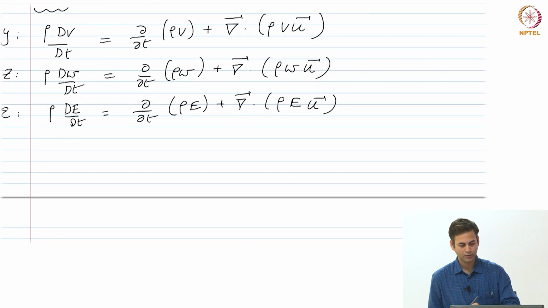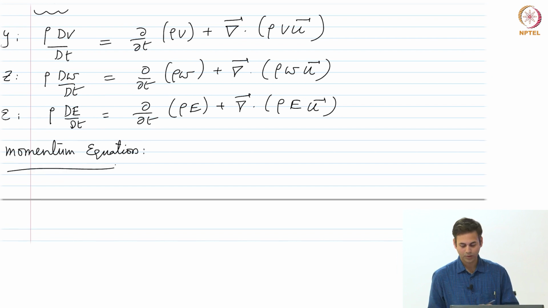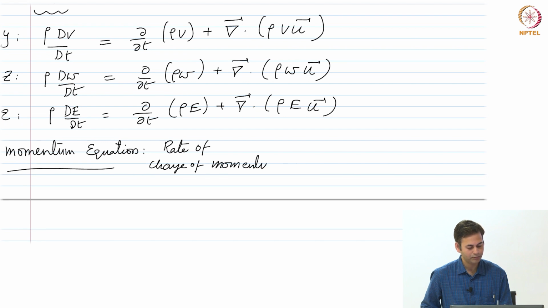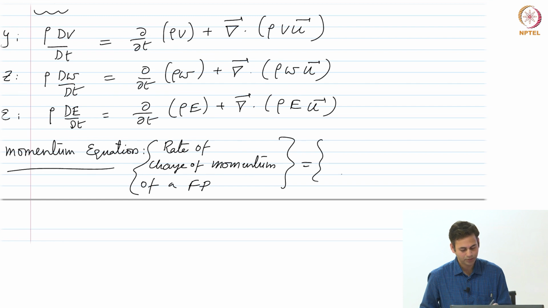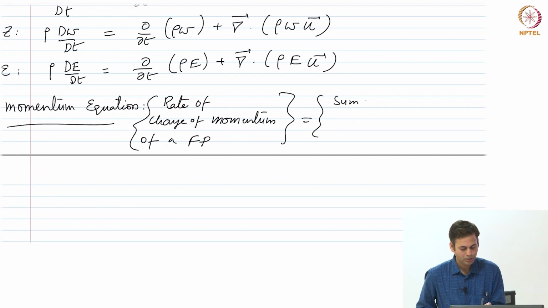Okay, so we will move on to the momentum equation. The momentum equation is, I would write it here: rate of change of momentum of a fluid particle equals the sum of forces, or resultant of forces, acting on the fluid particle.